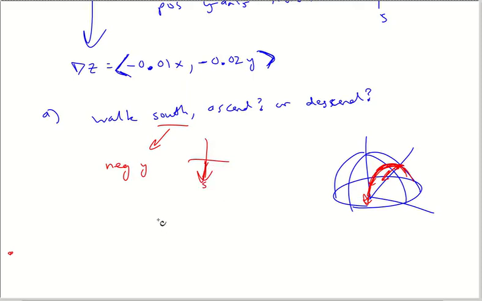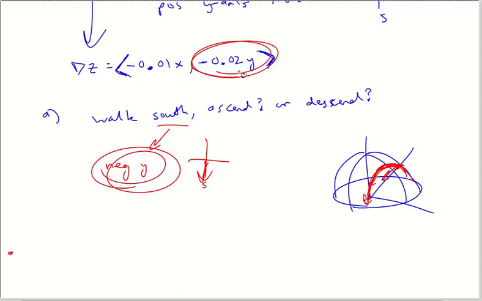You're going down on the xy plane. And so I'm looking at my y's, and I'm going to basically say that my y's alone are negative. I know this is kind of weird, but notice that 2 negatives should end up being a positive in the end. And if you have a positive slope, you're supposed to ascend.